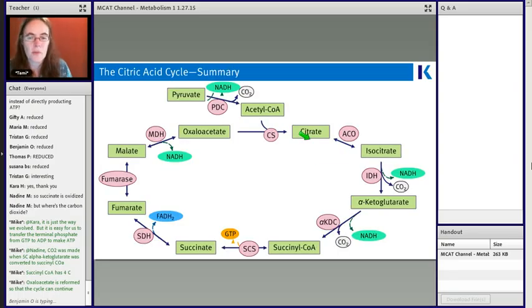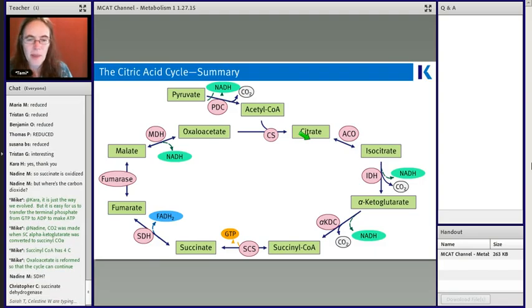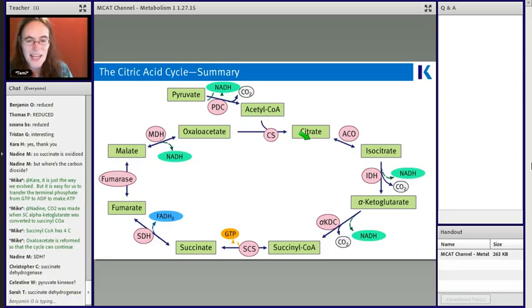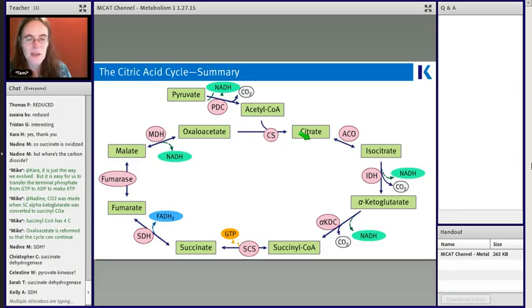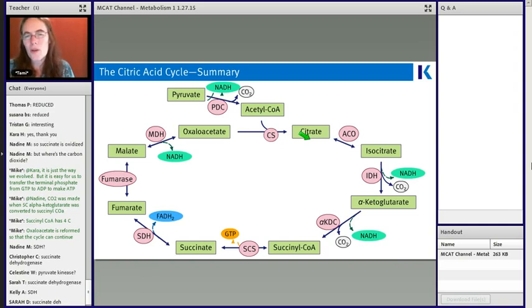What would your answer be to that? What is the only enzyme that does not occur in the mitochondrial matrix because it's bound? Yes, SDH, succinate dehydrogenase, because it's bound as part of the electron transport chain. Nice. Only one. So knowing those odd guys out can really help you here.